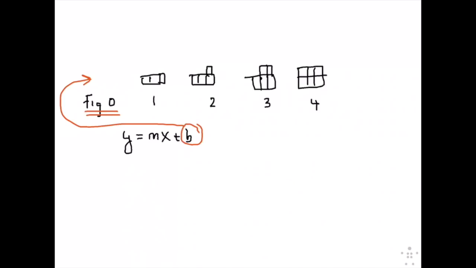And the m is how much each figure is changing, so we're adding a certain number. In this case, we're adding 3 to 4, adding 1, adding 1. So the m represents adding the 1.